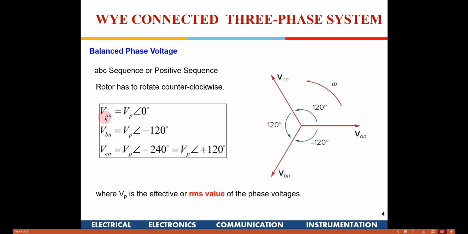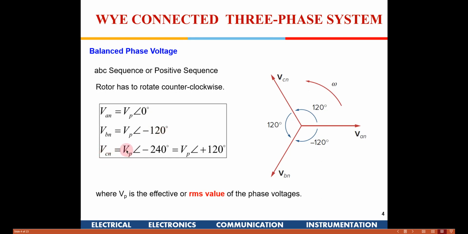Now if I call VAN as VP, the phase voltage, and I take that as a reference, the phase 0, then I will have the second phase VBN as VP, because the magnitude remains same, but it will be lagging the first signal by 120 degrees. So I write minus 120 as the phase angle.